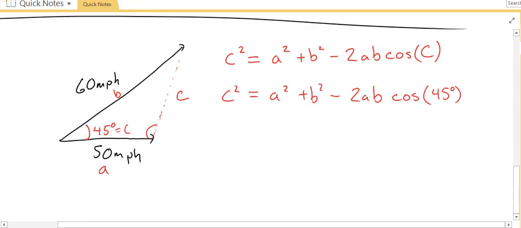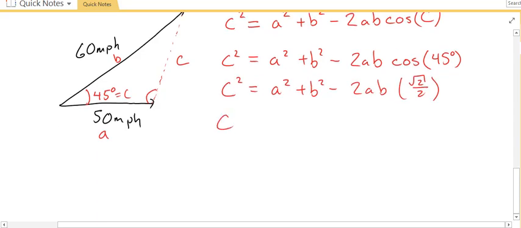We could clean that up a little bit because the cosine of 45 degrees is the square root of 2 over 2. And if we go further, this is c squared equals a squared plus b squared minus 2ab, and when we do that, we just have a square root of 2 out front here.